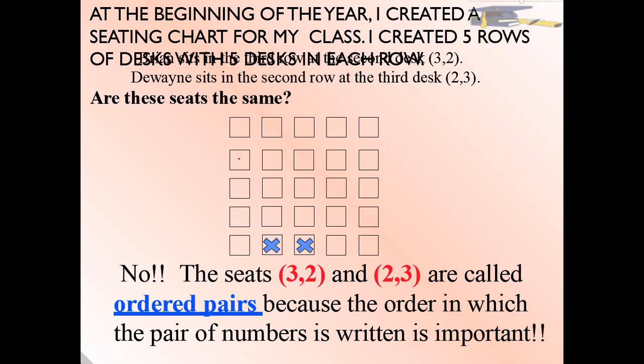So we have here rows, and we have here columns, right? So where to put the seat 3 and 2? So we'll go here. 3 is the x-axis, so this is the x-axis, and this is the y-axis.